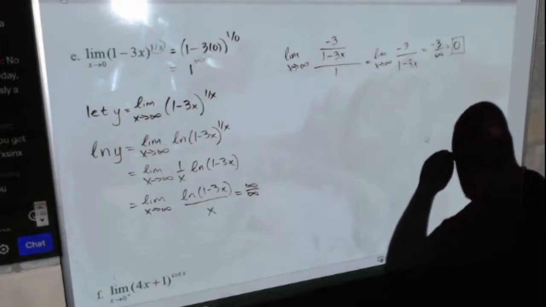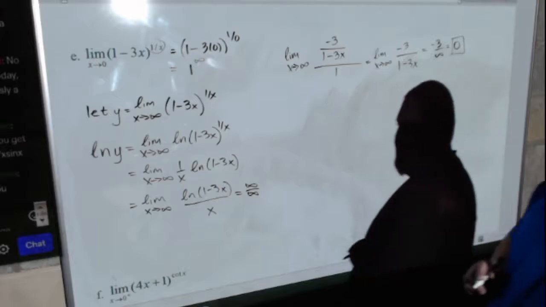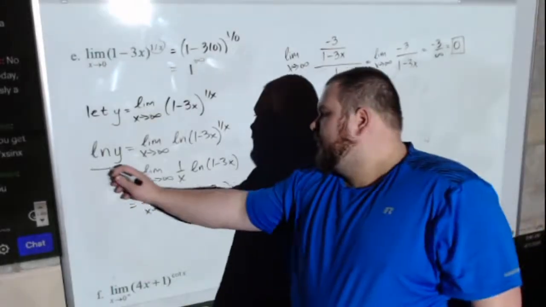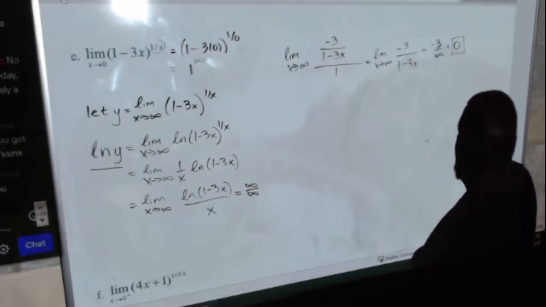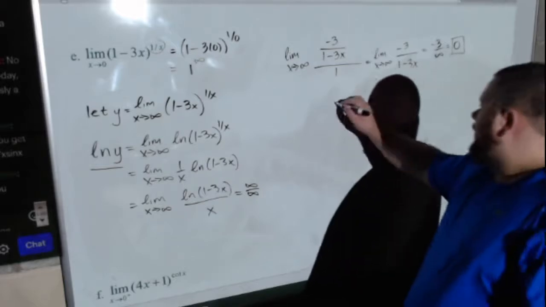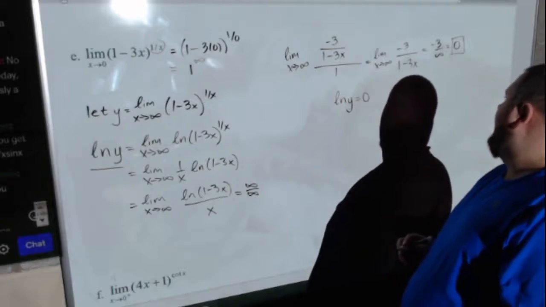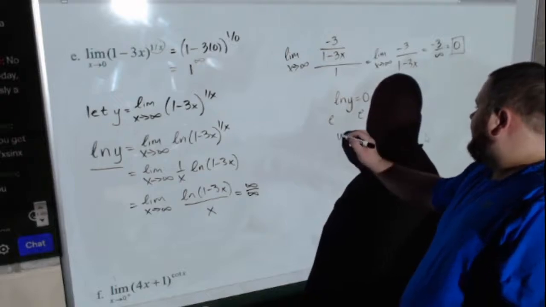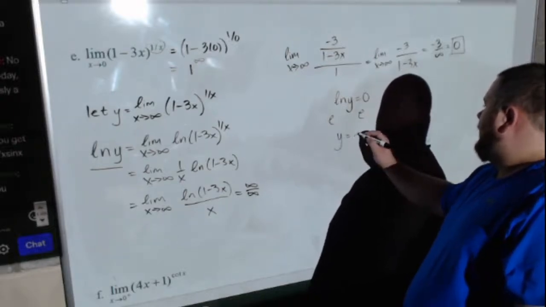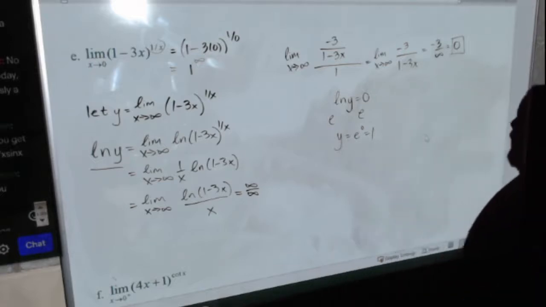However, that's not my final answer because the original problem was y, not natural log of y. So this results in natural log of y equals 0, or taking e of both sides, y equals 1.